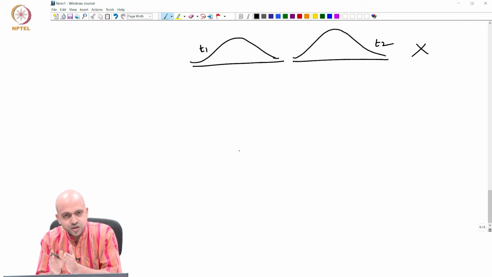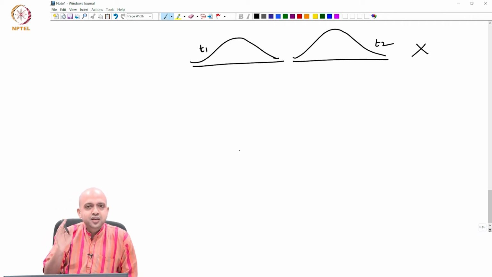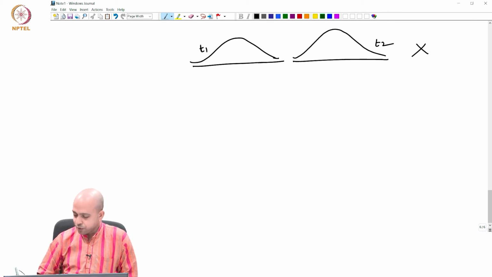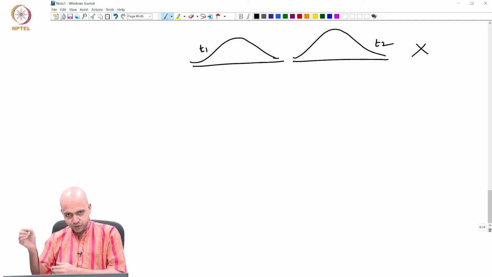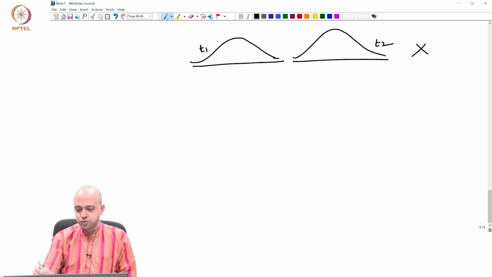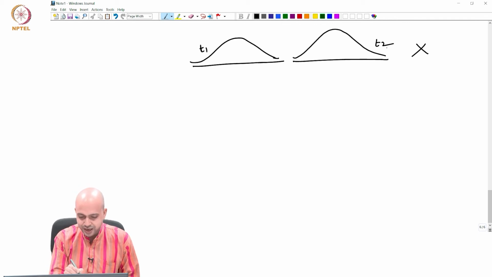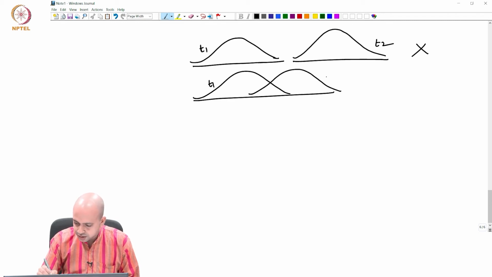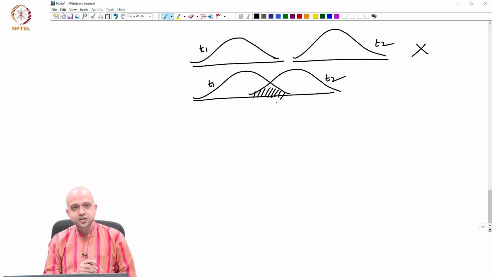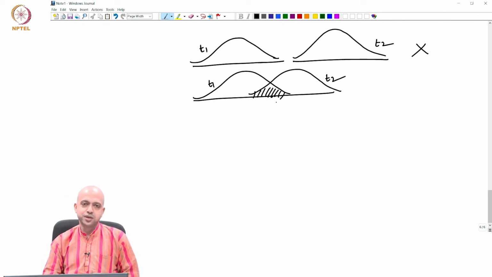If this were the case, then we could have said that because individually they are significant, jointly also they would be significant, because the probability statement that the intervals capture the true population parameters with 1 minus alpha square is valid if and only if these two distributions are independent. Rather, in reality, this is T1 and this is T2, and this is the overlapping area, because these intervals are constructed based on the same sample.